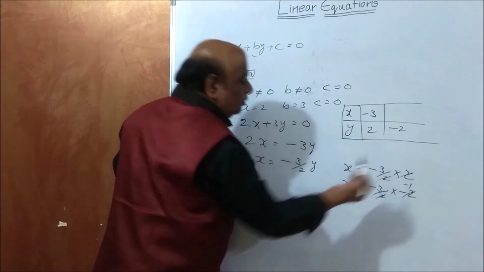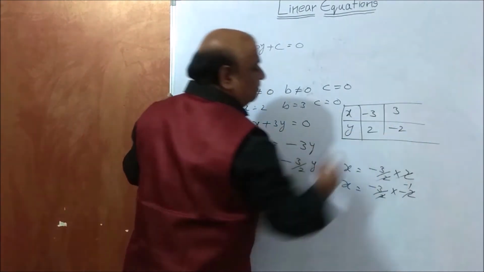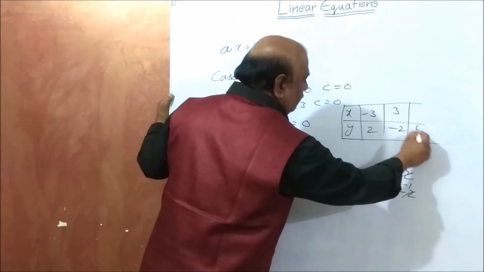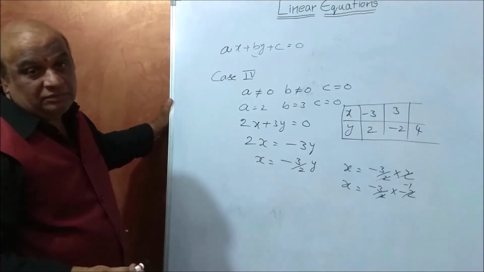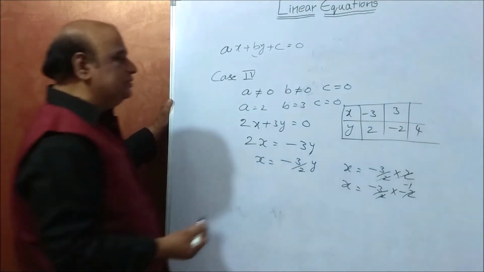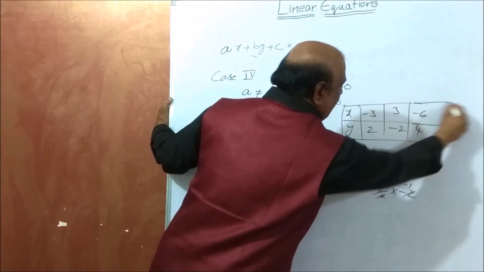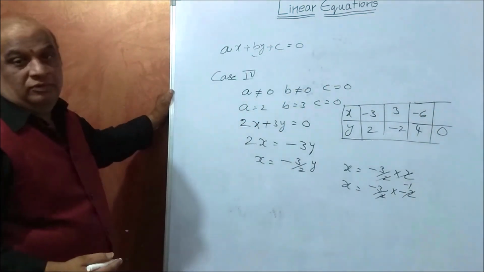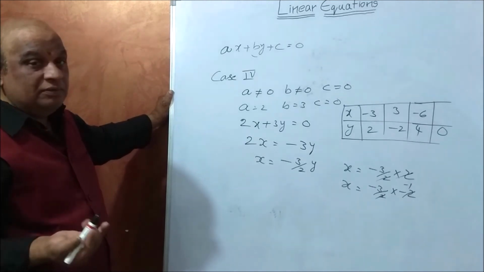Minus 3 into minus 1, that is plus 3. Now you take 4. What is the x value now? Minus 6. Now you take y value 0. What is the x value now?